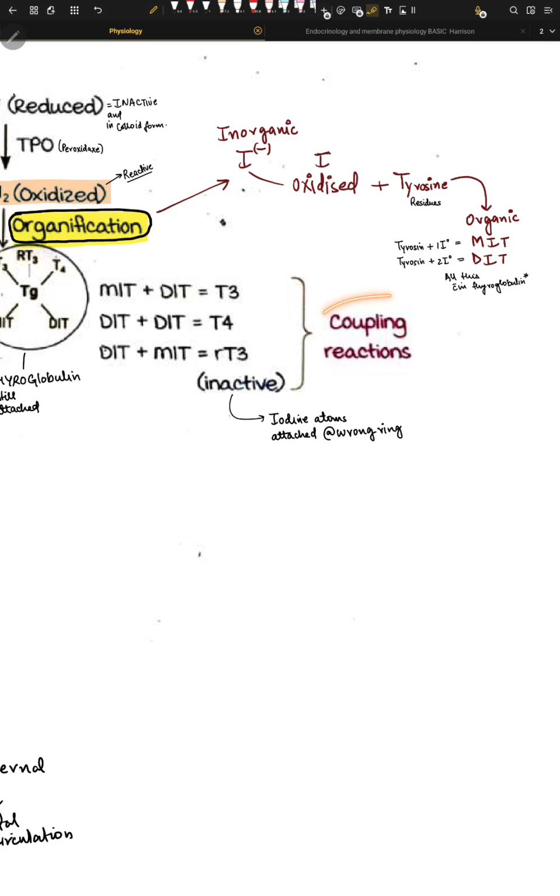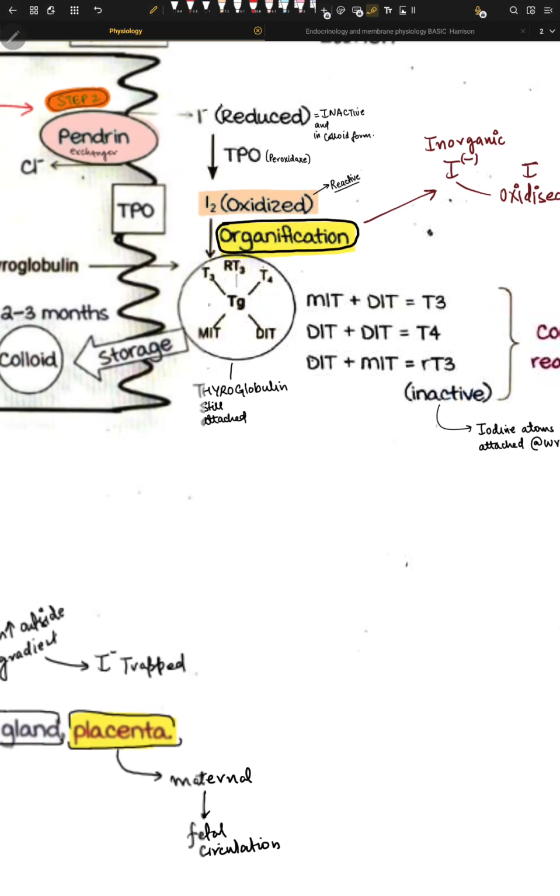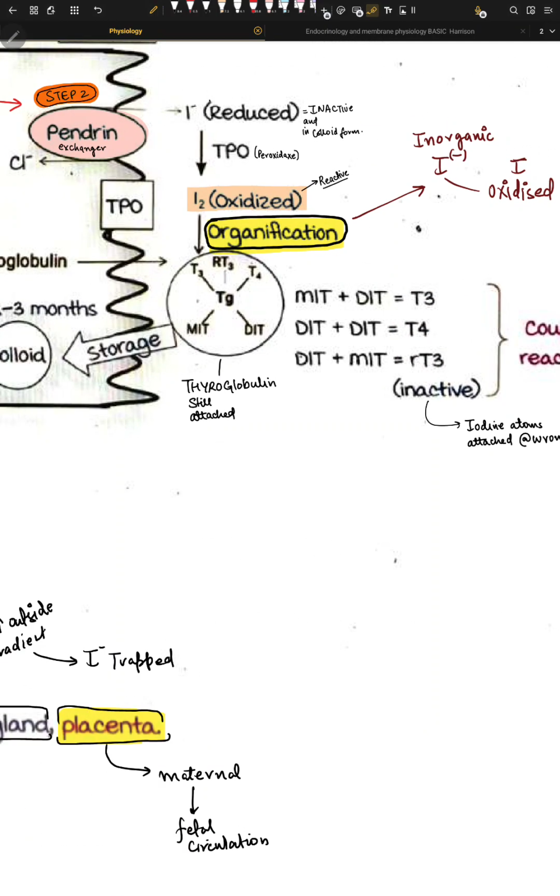So once we are done with the coupling reaction, another cool thing about this whole thing is that it is happening inside the mitochondria, right? So now we get T3, now we get T4, now we get reverse T3. Now this T3, T4 and reverse T3 are bound to TG, that is thyroglobulin.